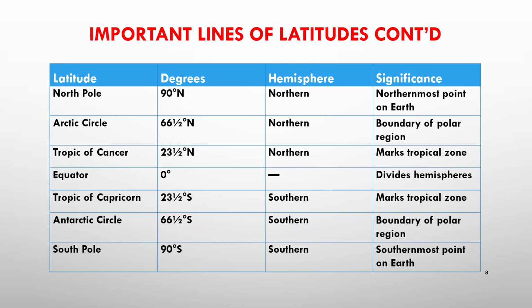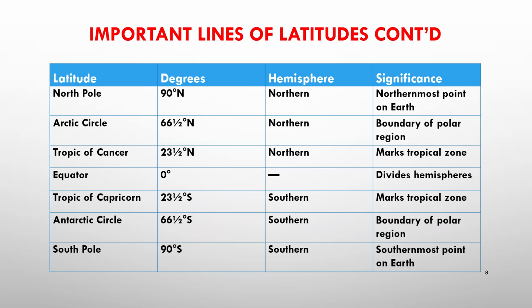We would like to travel there one day. Arctic Circle, 66.5 degrees north, and is the boundary of the polar region. The Arctic Circle marks where the polar region begins in the northern hemisphere. Beyond this line, you experience phenomena like the midnight sun and polar night.